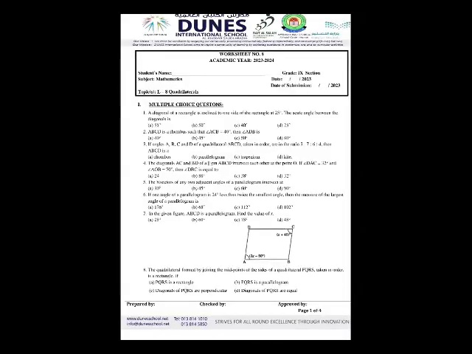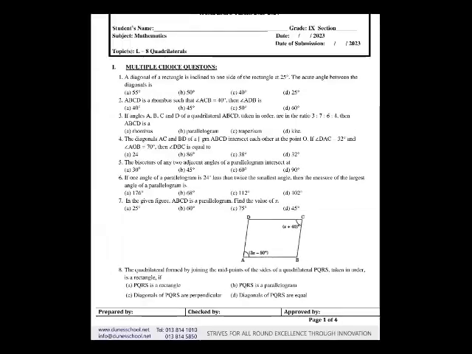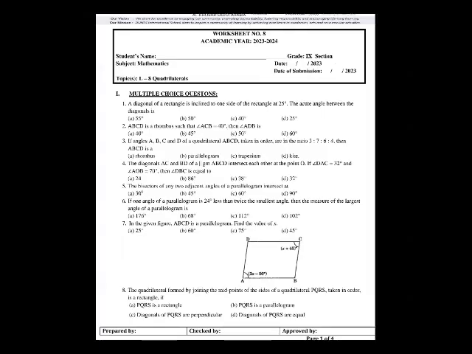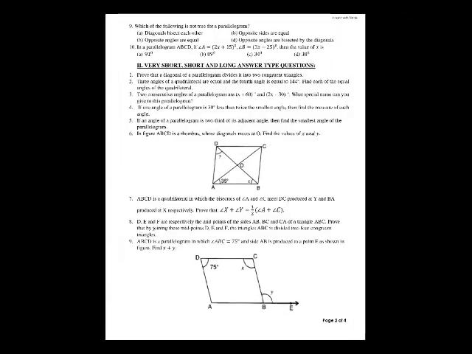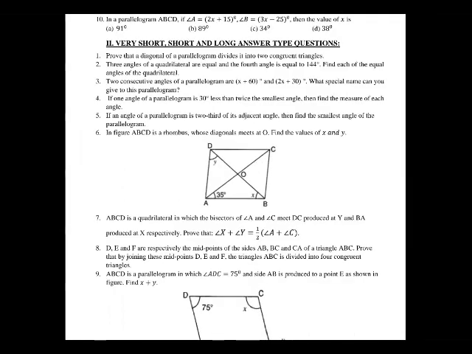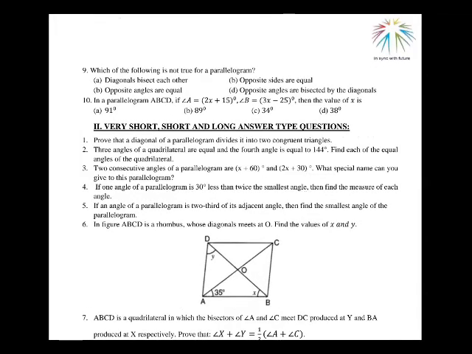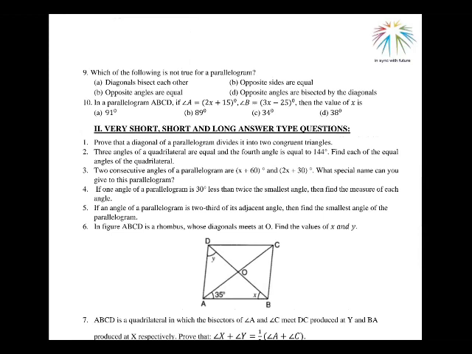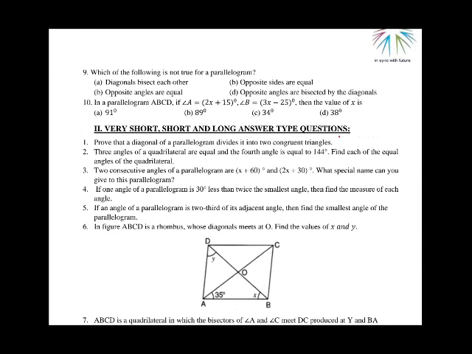Bismillah. Do you remember how many questions we completed? We had completed all the short answers. Multiple choices done, right? Yes. And we had completed proving the two congruent triangles. Do you want me to explain this again?